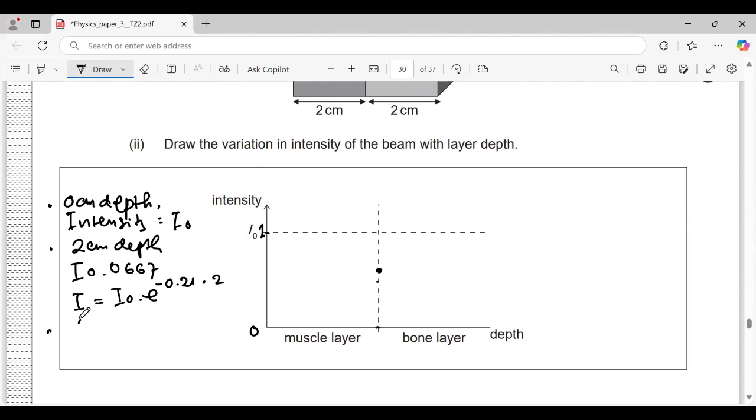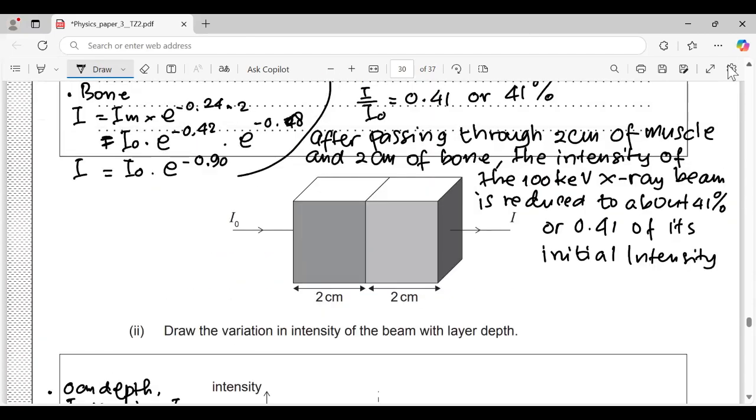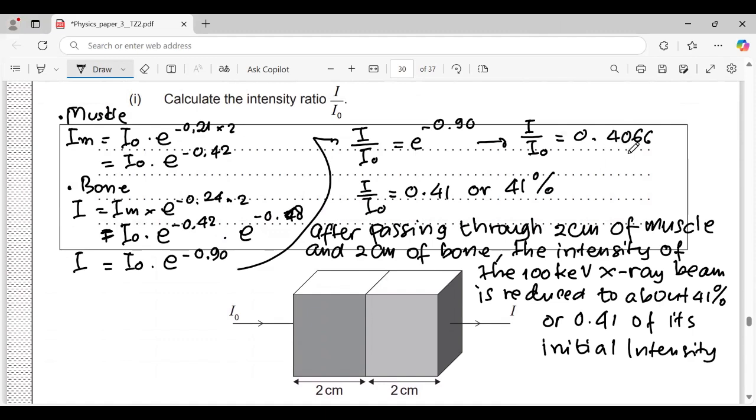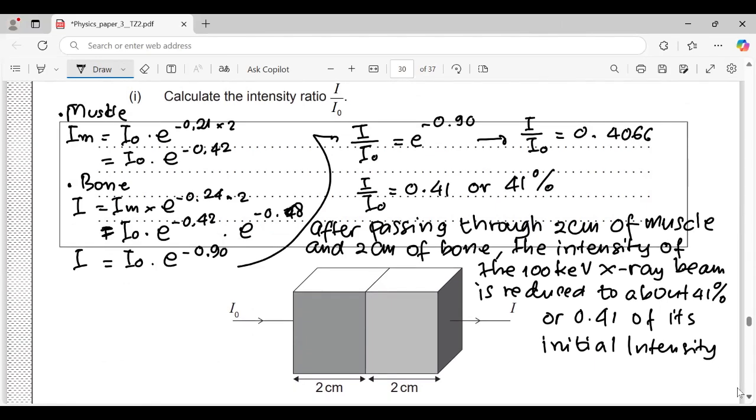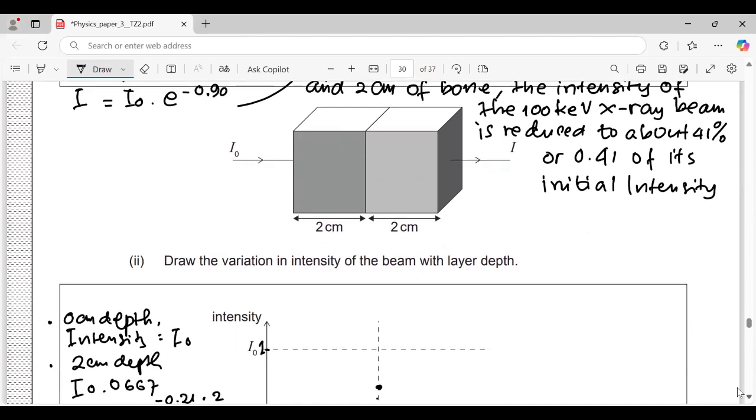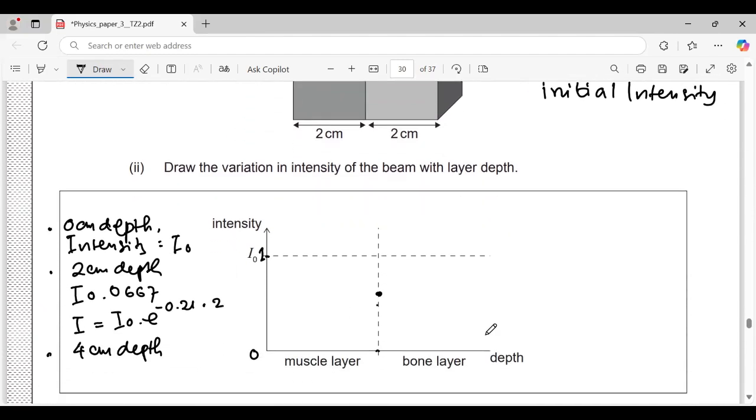If 4 centimeters depth, we already calculated this one, 0.46 or 0.47, around here. So we can sketch like this.